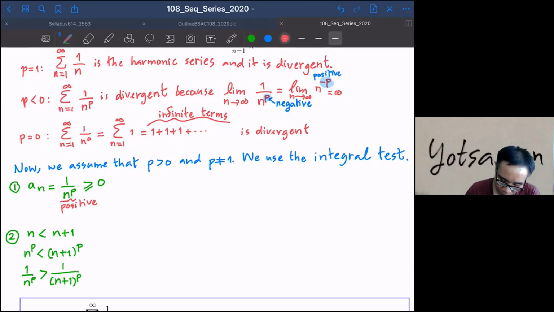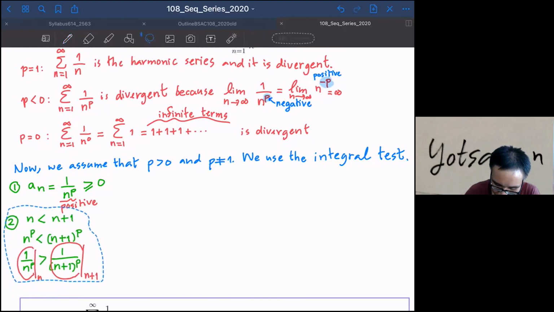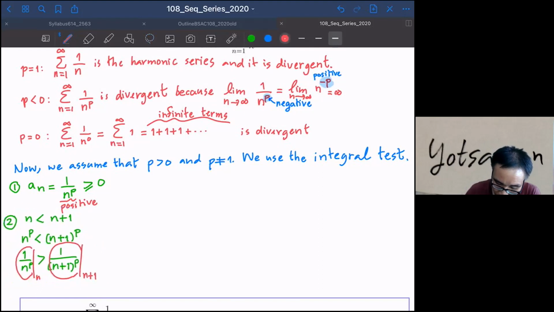This one is your an and this one is your an plus 1, so an is more than an plus 1. So it is decreasing.